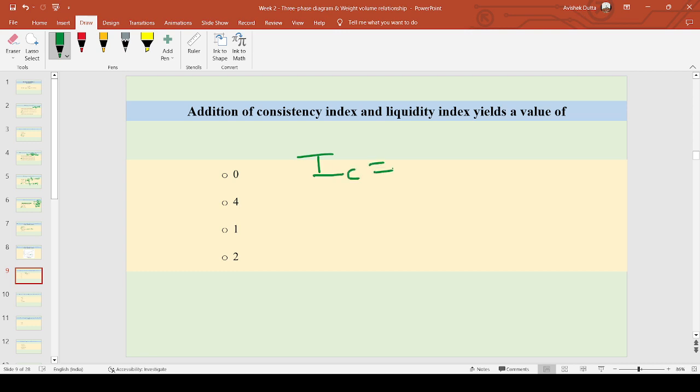What is consistency index? The definition is: IC equals WL minus W, divided by IP. What is liquidity index?